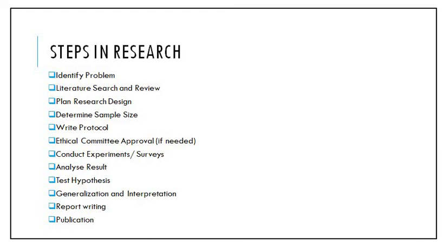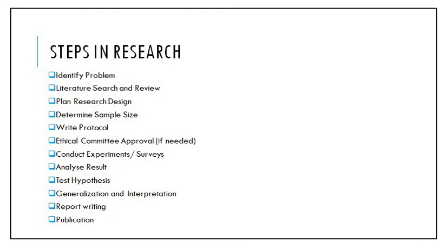The latter part is generalization and interpretation, where based on the analysis of the result, the test of hypothesis, and all experimental findings, we generalize or interpret our result. Then we write the report and go for publication.